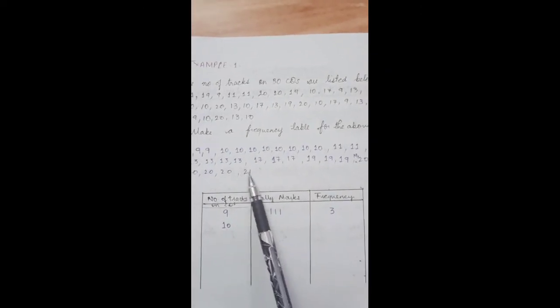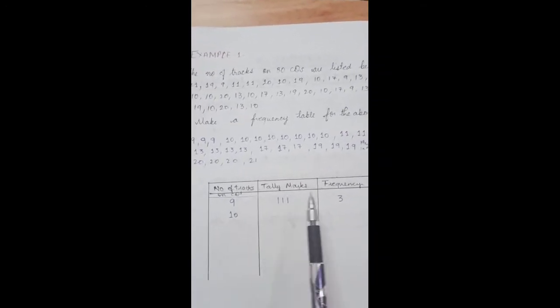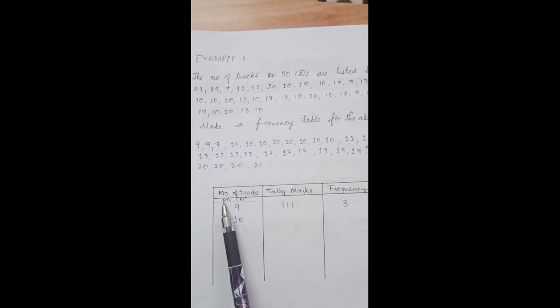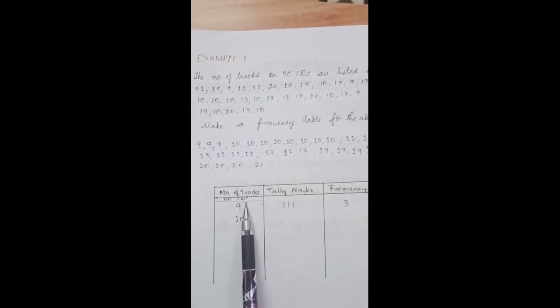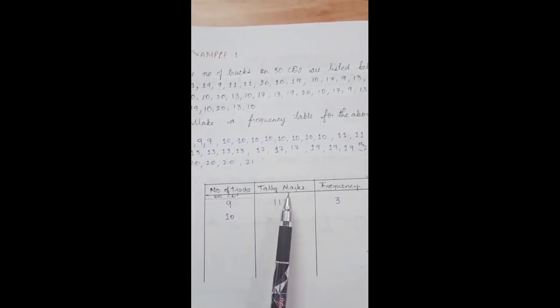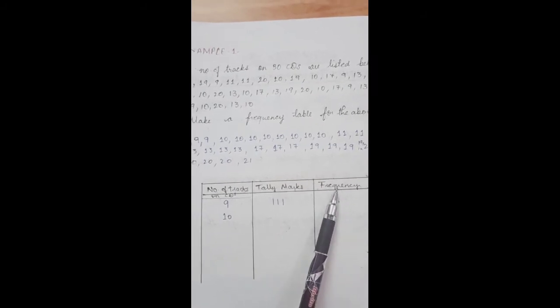Now what we are going to do, we have to make a frequency table. So we are going to make 3 columns. Now see here, I have made 3 columns. First column is number of tracks on CDs, second is tally marks and third is frequency.